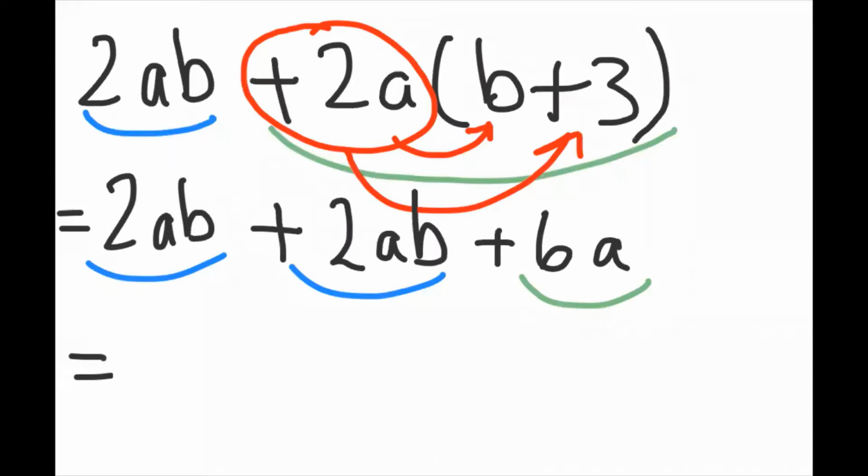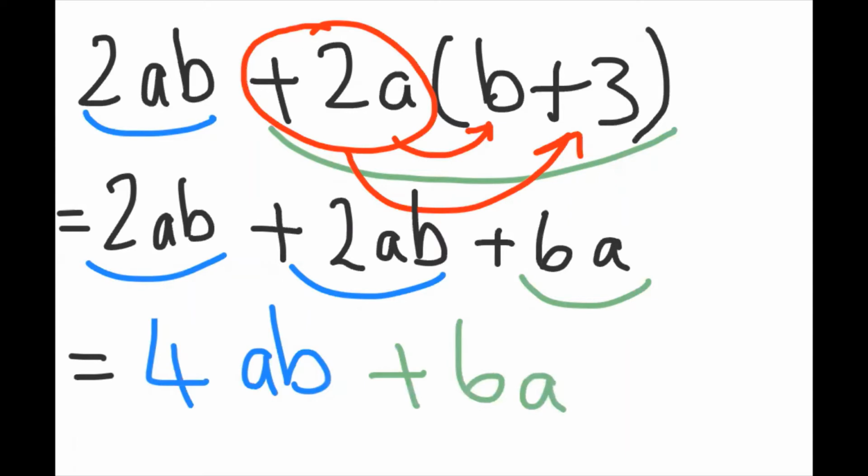Therefore, 2ab plus 2ab becomes 4ab, and then we only write the plus 6a. Then we know that is complete. Just double checking, 2a times 3 is 6a. 2ab plus 2ab is 4ab, and there's a 6a, so that's as simplified as possible.